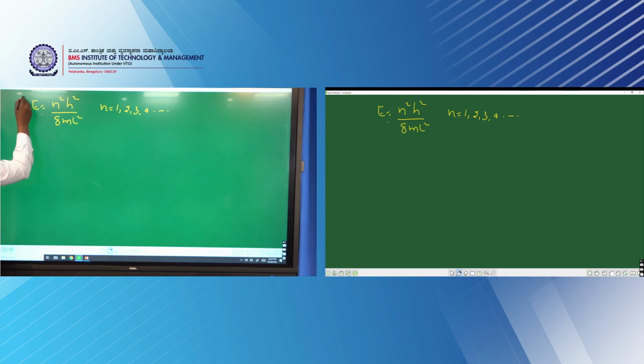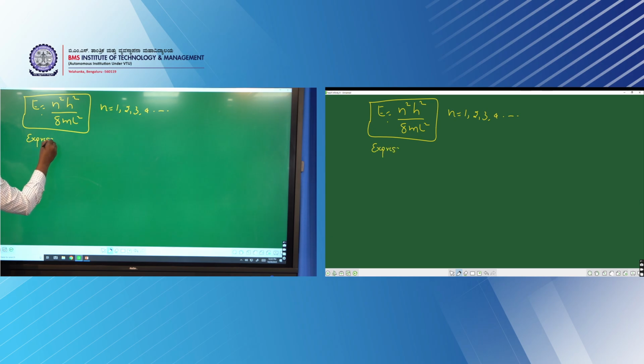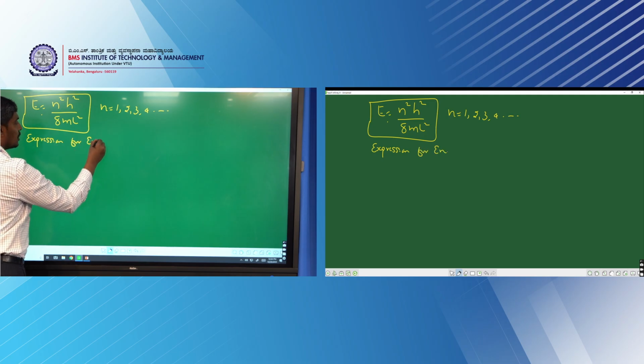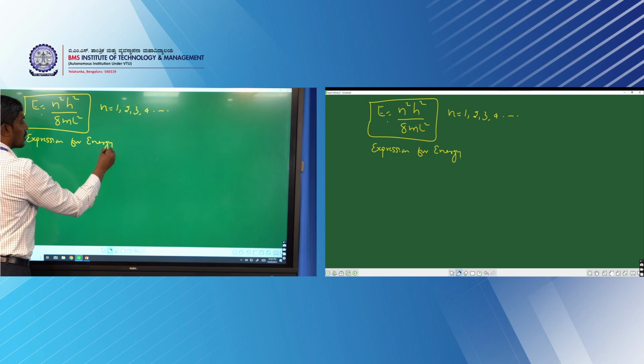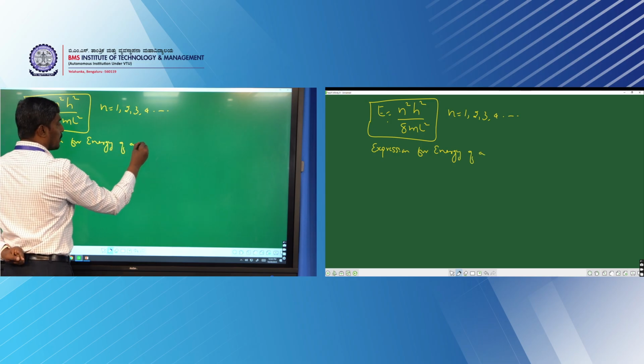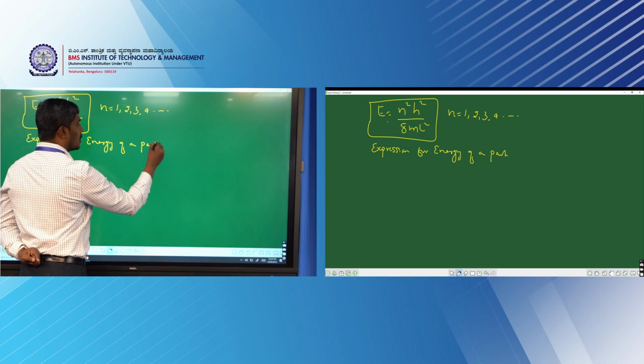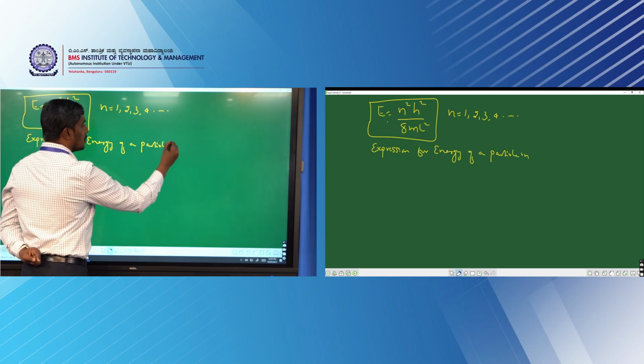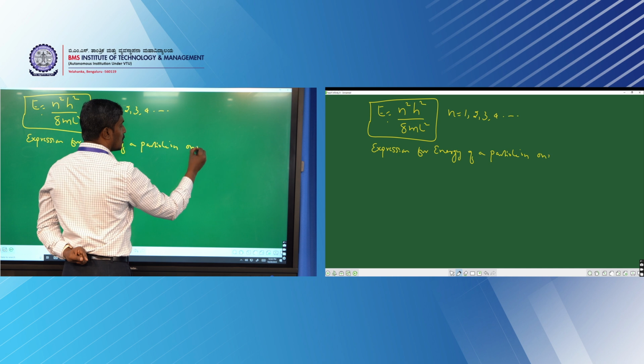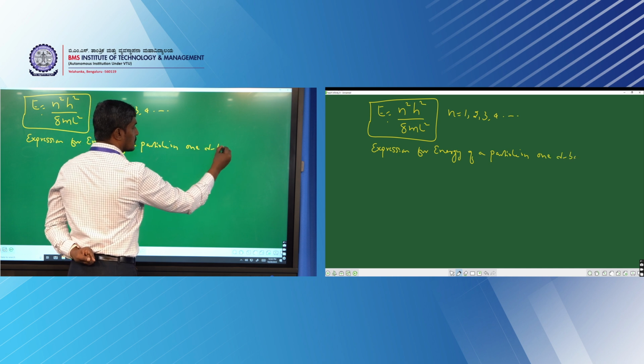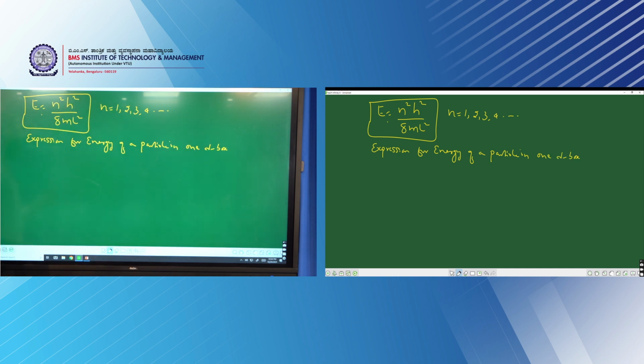So this is what we call the expression for energy of a particle in a one-dimensional box, 1D box. Remember how we got this? We just solved the Schrodinger wave equation and arrived at this formula.